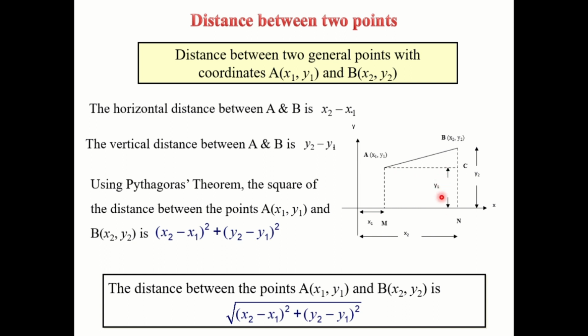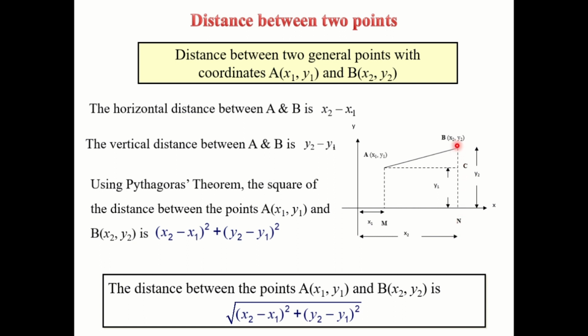Then B has coordinates x2, y2, where x2 is the horizontal distance of B from the y-axis. ON is x2.